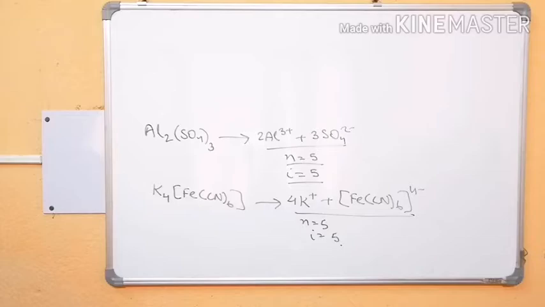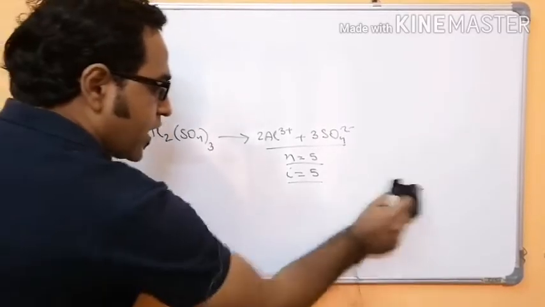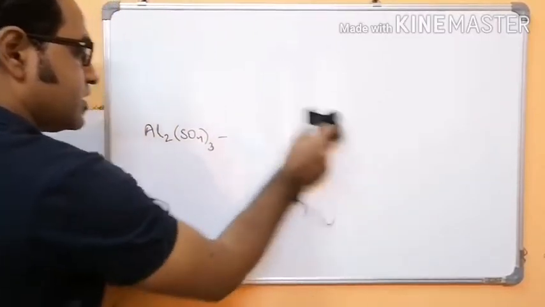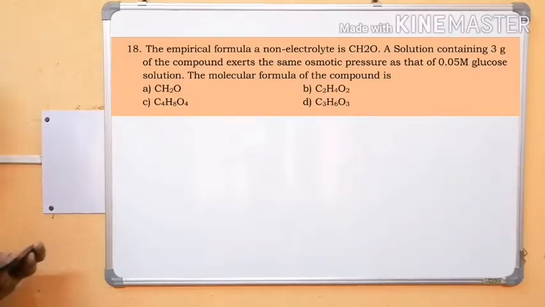The next question, it is a very important question. Please pay full attention, otherwise you will miss the solving technique. The empirical formula of a non-electrolyte is given as CH2O.